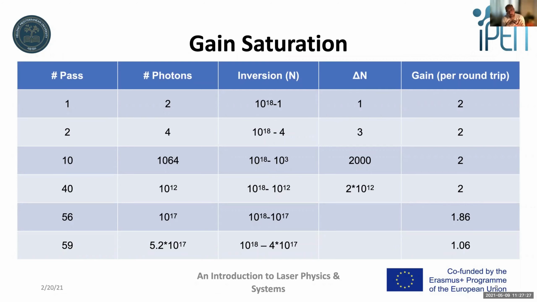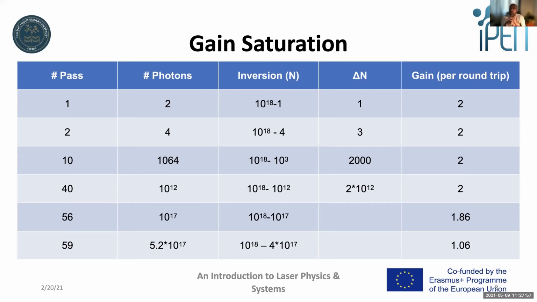So after one pass from our population inversion, we have two photons, because one is the one that triggers the stimulated emission downwards. And this means that the population inversion has been reduced from its initial 10^18 atoms per cubic centimeter to 10^18 minus 1, okay?